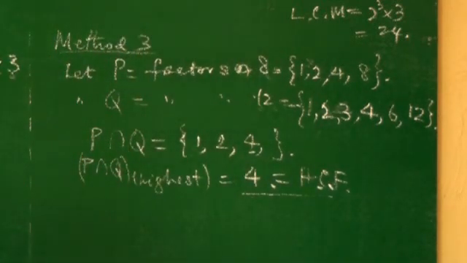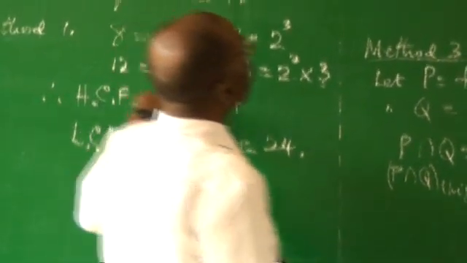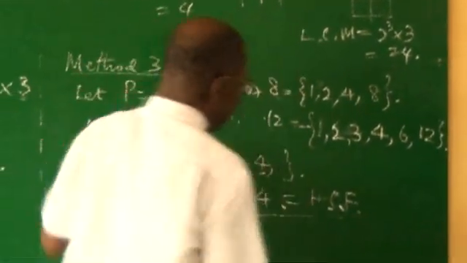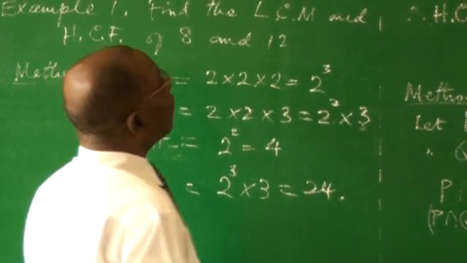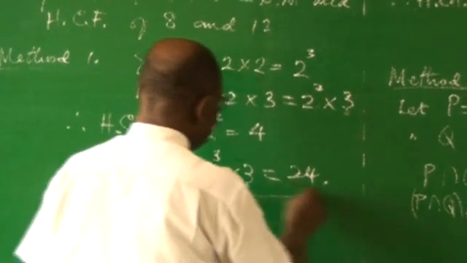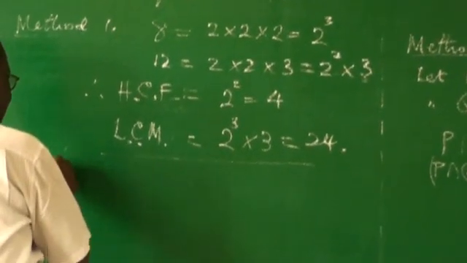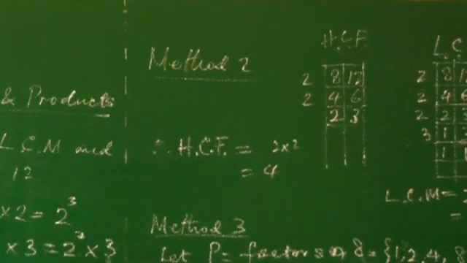You can see between this method and this method, this other one has more merit. We come to the LCM, still on method 3. You can let A represent multiples of 8.